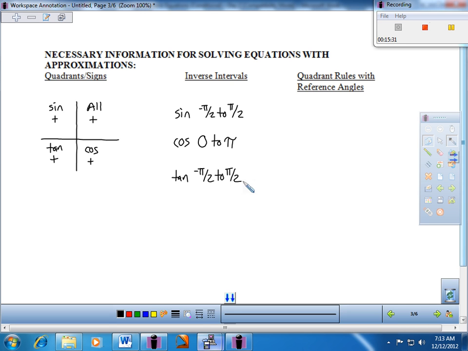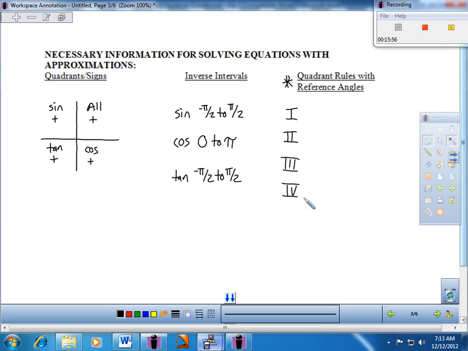Okay. Now this is the key, because as I said, we're going to be using reference angles here. So please put an asterisk, if you would, next to that piece. And you have to know the reference angle rules for each quadrant. Now we took some time and developed this when we did reference angles. So if you're not sure where they came from, please go back and take a look at your notes from reference angles, and you'll see pretty much exactly this piece.